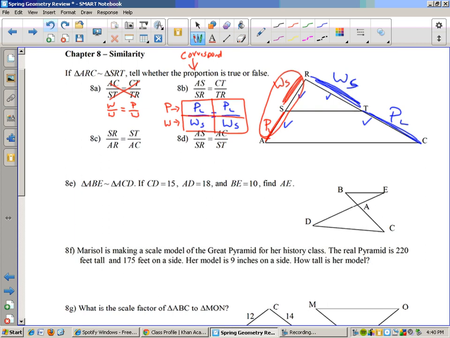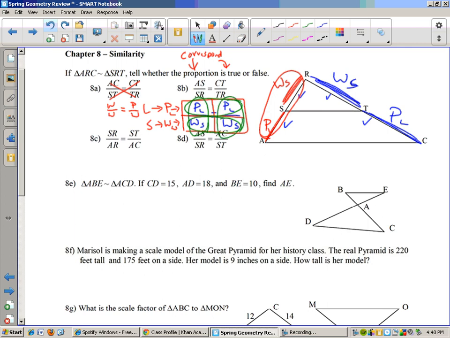And these also correspond. These are both from the large triangle. That's good. These are both from the small triangle. So what we end up having is we've got two from the same triangle lined up, two from the other triangle lined up, and these are the corresponding parts.